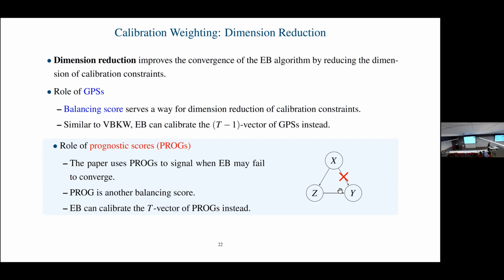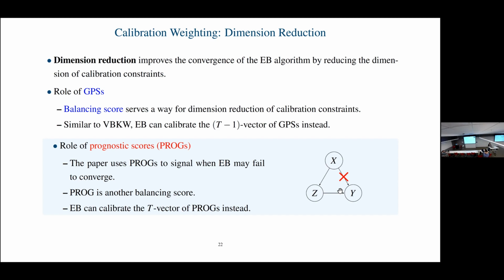And we think that in vector-based kernel weighting, we use dimension reduction to reduce the dimension of the matching variable from X to the number of GPS, right? Why not use similar ideas in entropy balancing? Dimension reduction can also improve the convergence of the entropy balancing algorithm by reducing the dimension of the calibration constraint, because the role of the generalized propensity score is a balancing score.